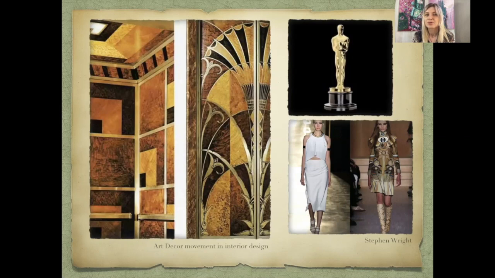And also, as you can see, the Oscar nomination statue was related to Egyptian worshipping and for the greatest. The statue looks very familiar to ancient Egyptian sculptures. And the fashion also was inspired and used some of the Egyptian symbols in clothing.